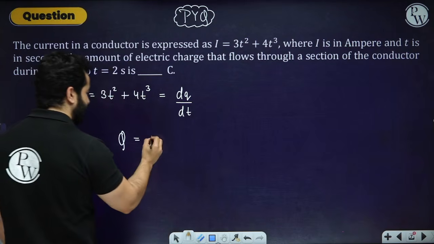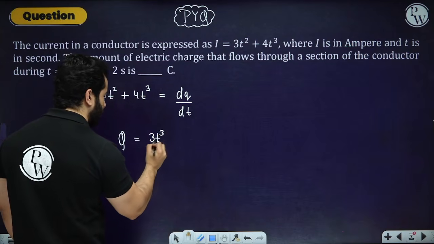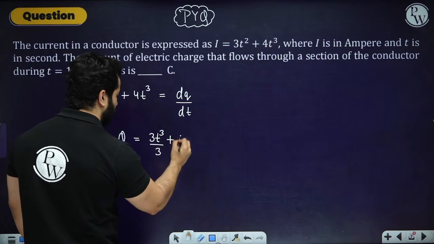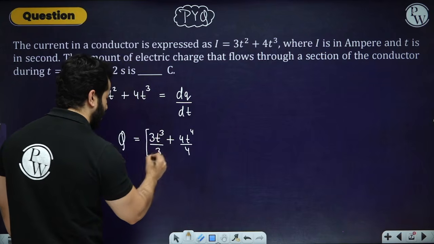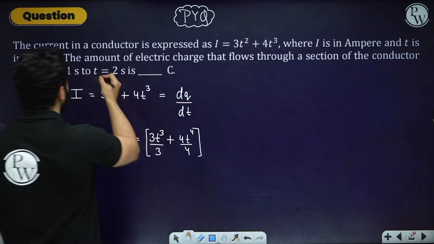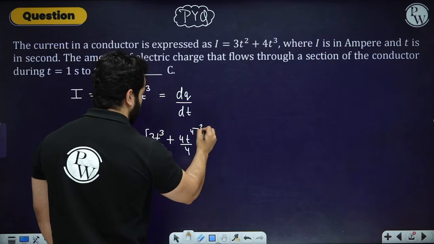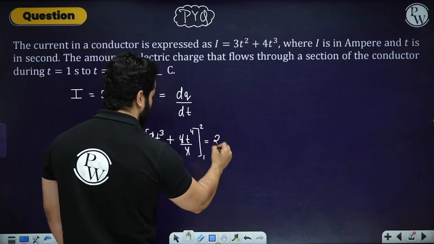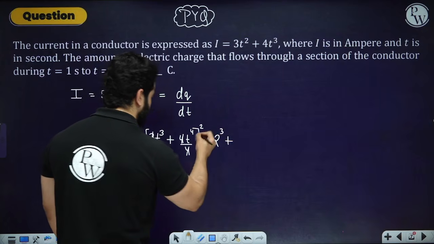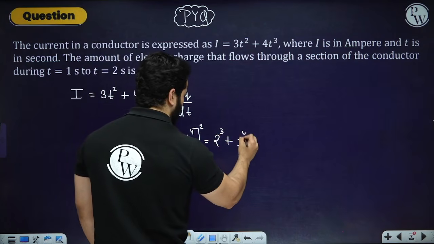If I quickly integrate it, this will become 3t cube by 3 plus 4t raised to the power 4 by 4. Since they are talking about two limits, I'm going to put them from 1 to 2. The 3 can be cancelled out, the 4 can be cancelled out, and this will become cube of 2 plus 2 raised to the power 4, minus cube of 1 plus 1 raised to the power 4.